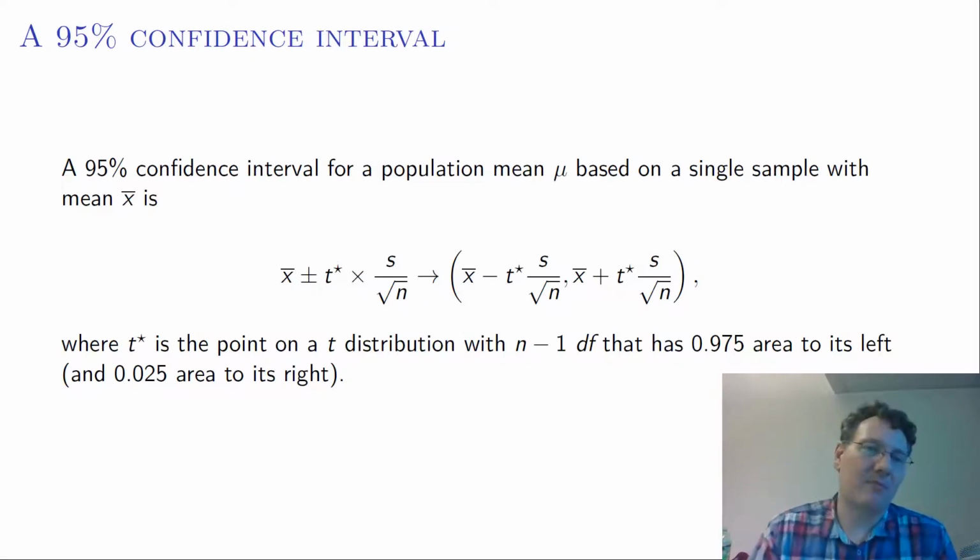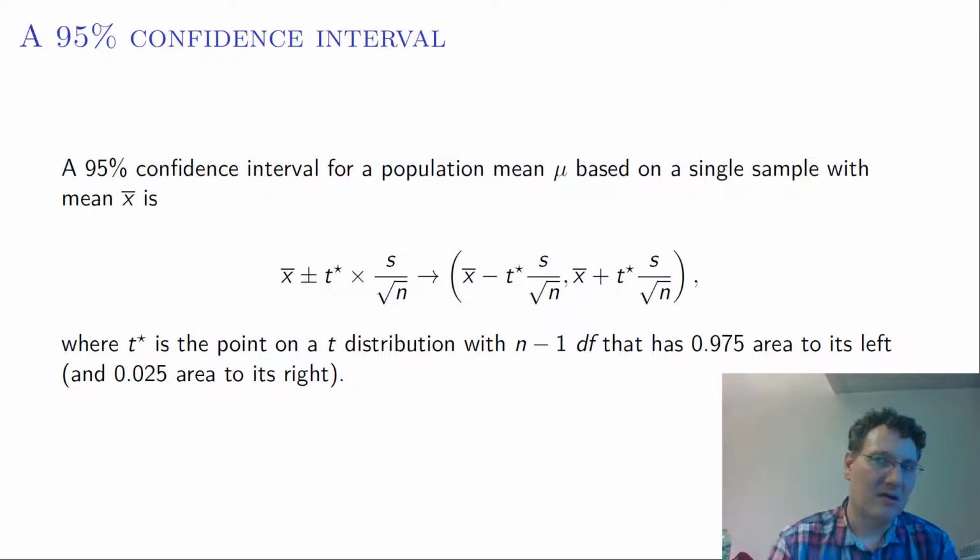Okay, so this is going over a formula for a confidence interval. Now, typically we will set some level of confidence that we're interested in, say 95%, which is to say I want to come up with an interval that I am 95% sure contains the population mean.